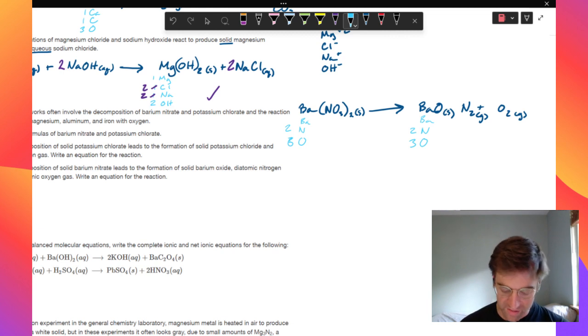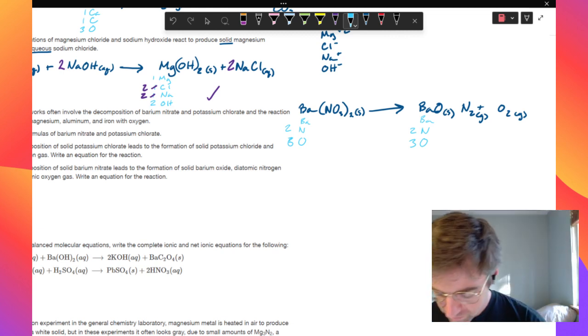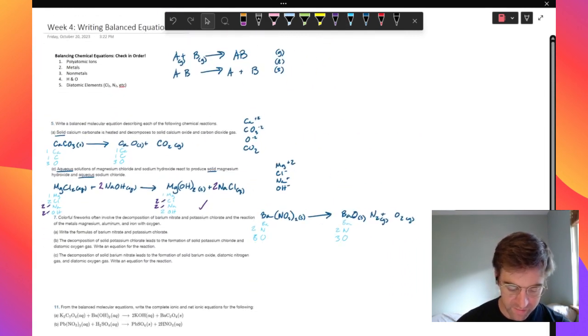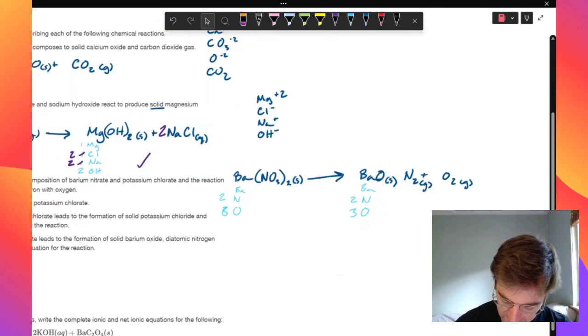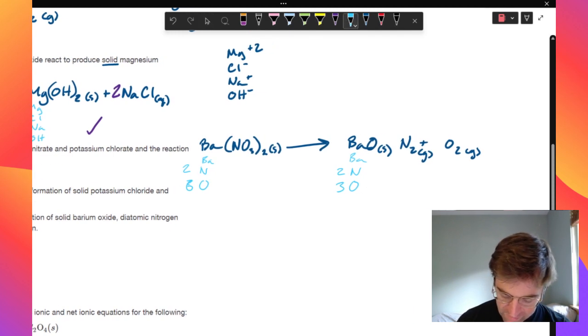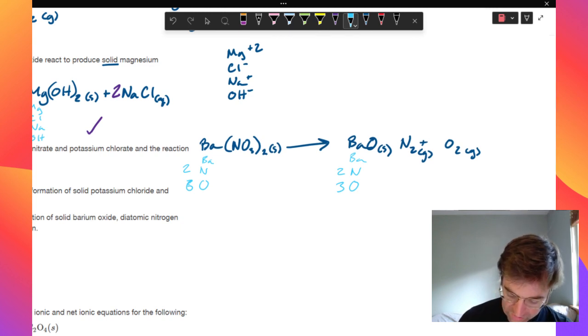So this is where it gets a little bit tricky. Taking a look at our steps, start with your polyatomic ions. We've got 2 nitrogens, 6 oxygens on the left, 2 nitrogens, 3 oxygens on the right. We can fix this. I want to deal with my diatomic nitrogen and oxygen last.